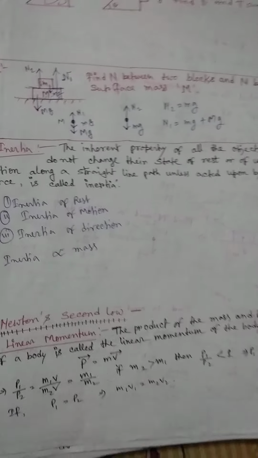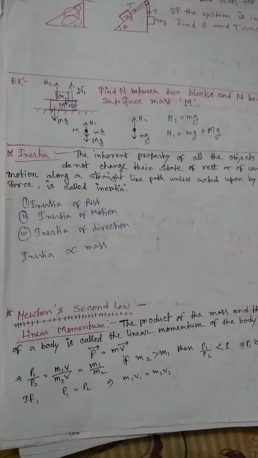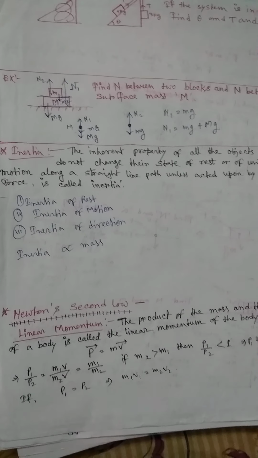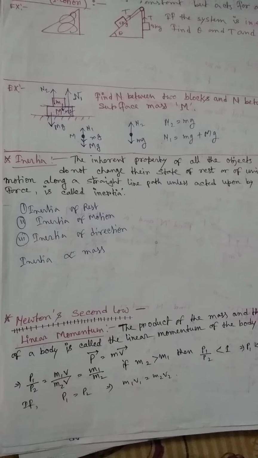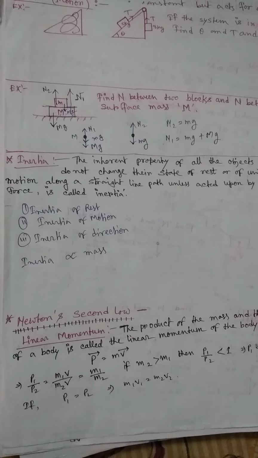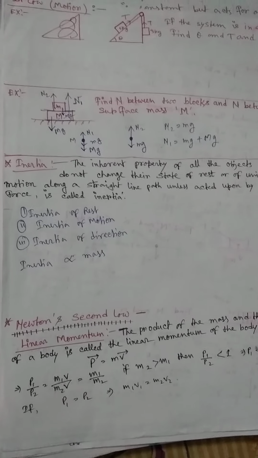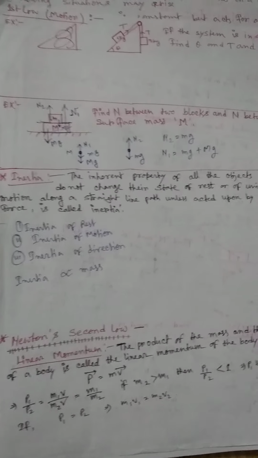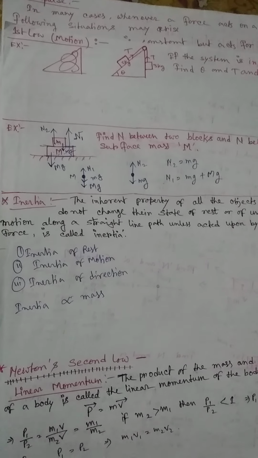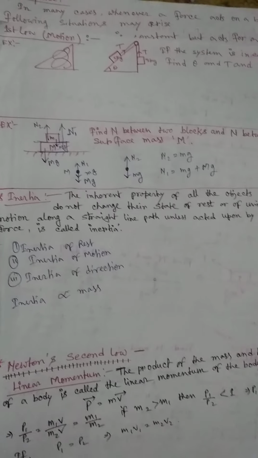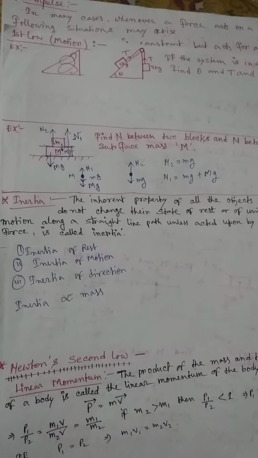We can easily move a light body, whereas we have to apply more force to move a heavier body, right? So inertia of a lighter body is less than inertia of a heavier body.